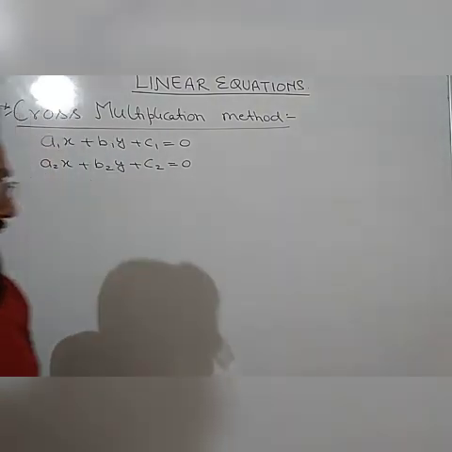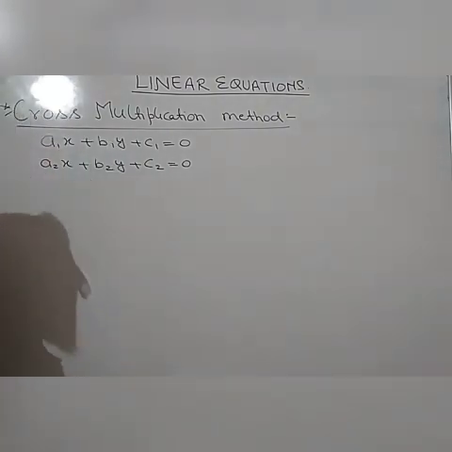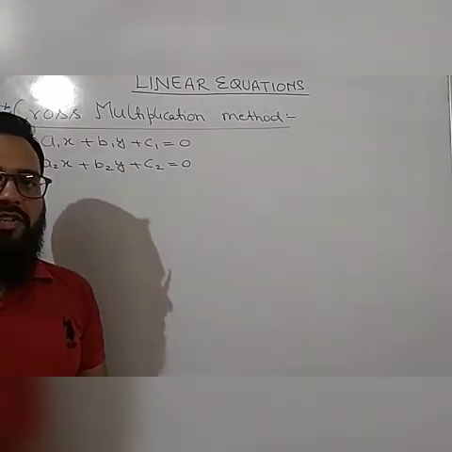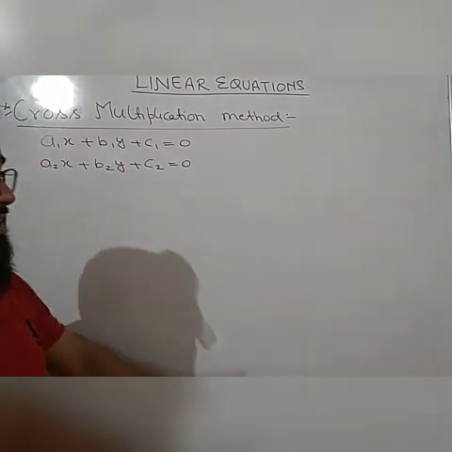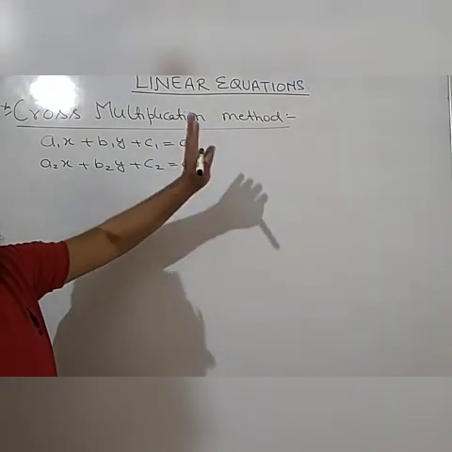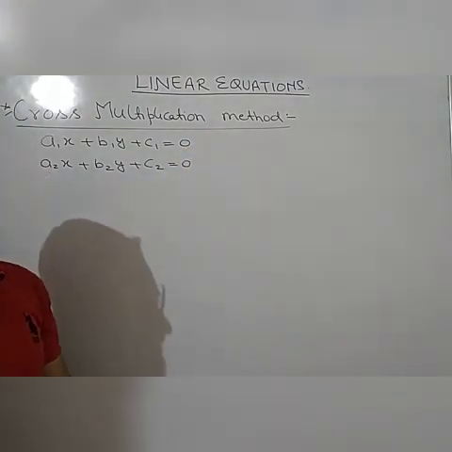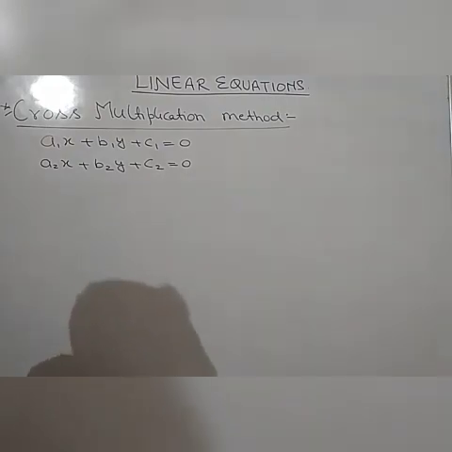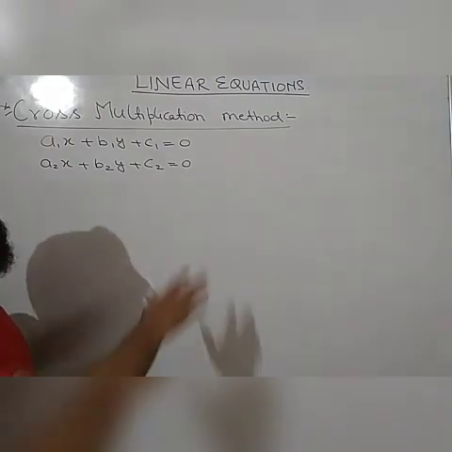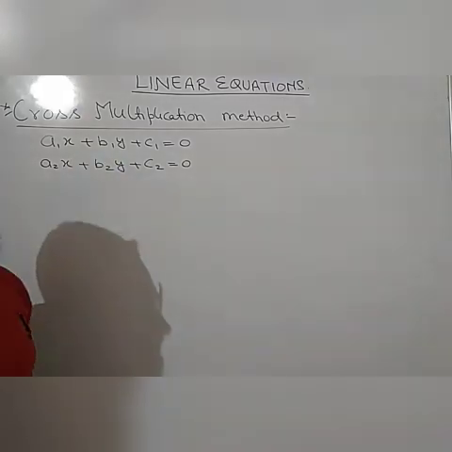In board exams also this method is generally asked. So whenever it is asked to solve by cross multiplication method, then you will use this particular method only. If it is not written, then you can apply any method, but if it is asked, then you have to solve by this method only.